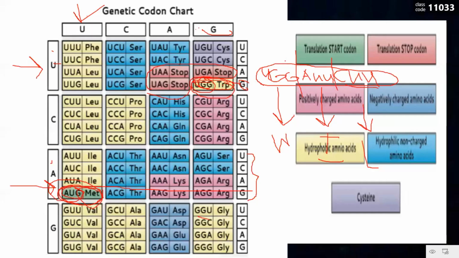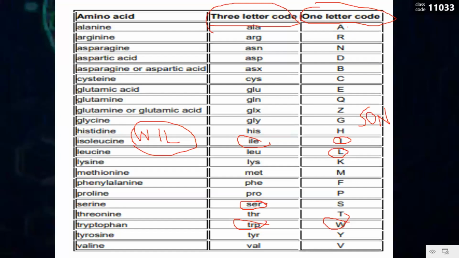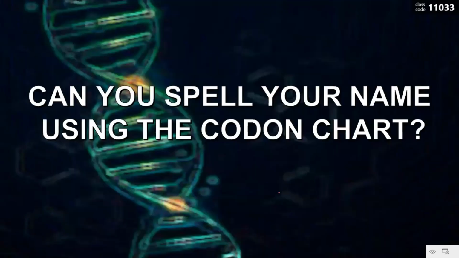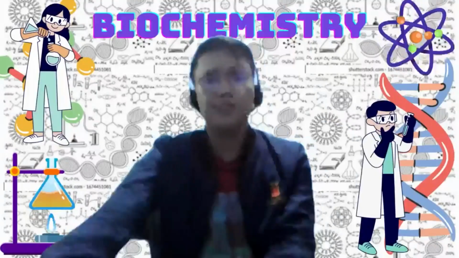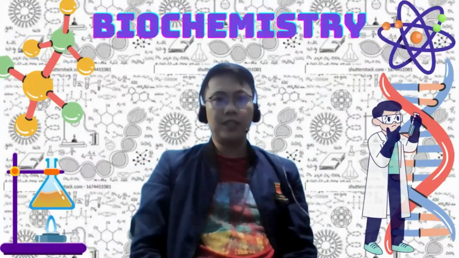Okay? Using these combinations of codons. Again merong 1-letter code for each of the amino acids. So, ganun yung magiging assignment ninyo for this week. So, any questions regarding our topic for today?